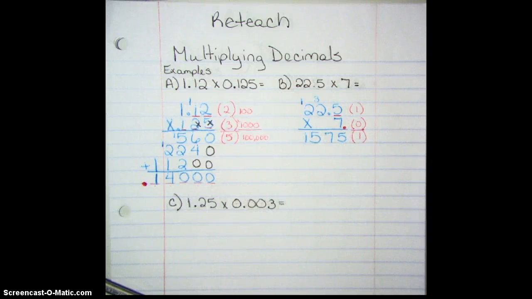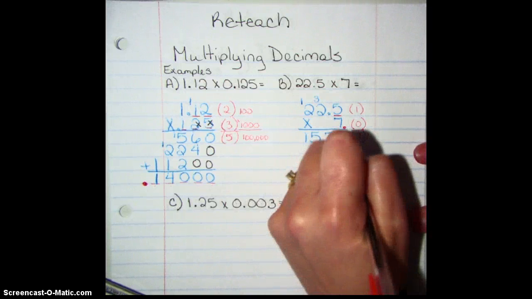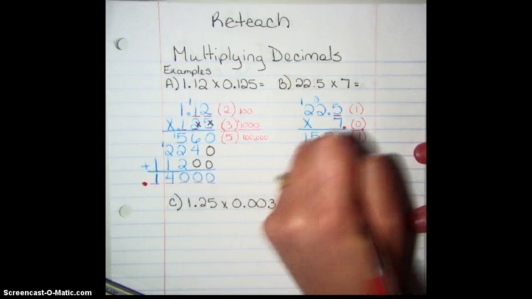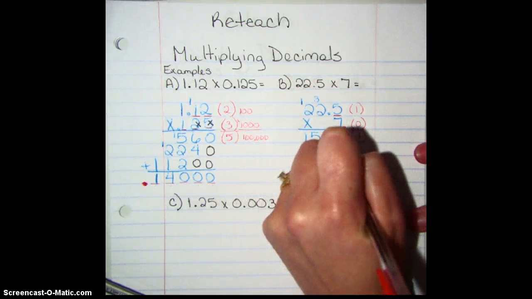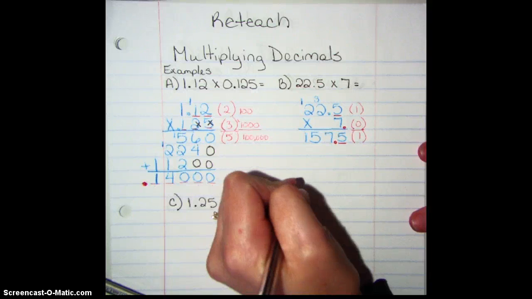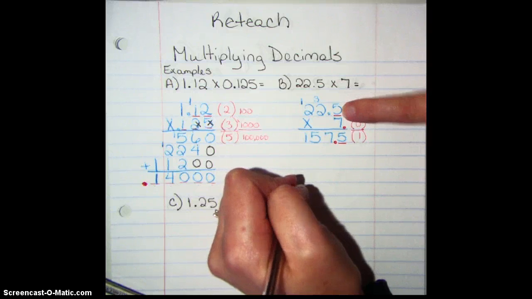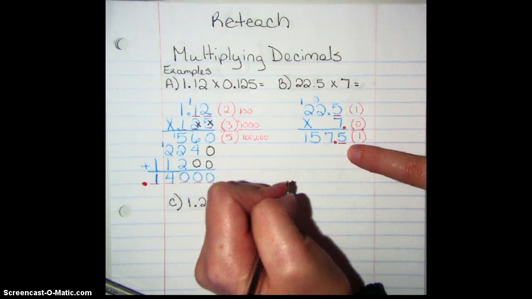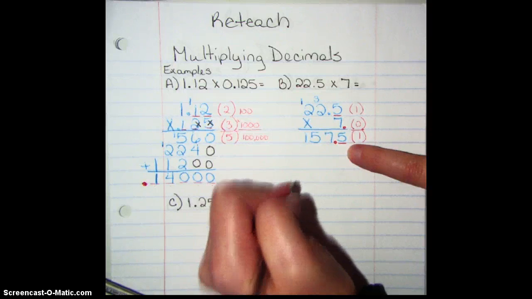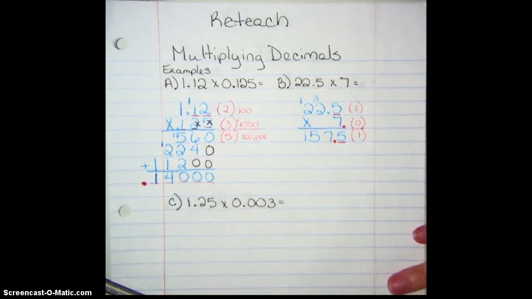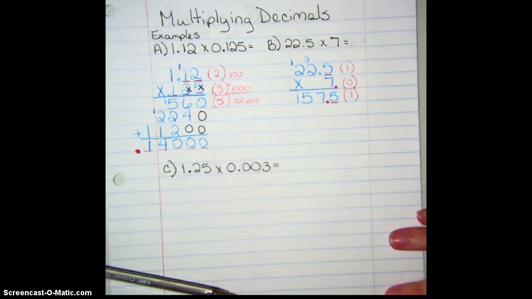Okay, so I need to put my decimal point in. So it was the tenths place, which means that I'm going to move it 1 place to the left. And that gives me 157 and 5/10. And if you think about it, 1 decimal point is the tenths place, and my answer is also in the tenths place.